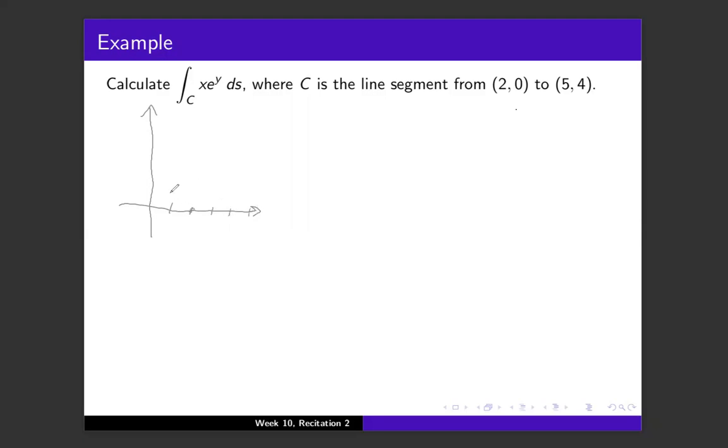It's from (2, 0) to (5, 4), which is going to be up here or so. It's not exactly to scale, but that's okay. So here's our curve. It's this line segment.